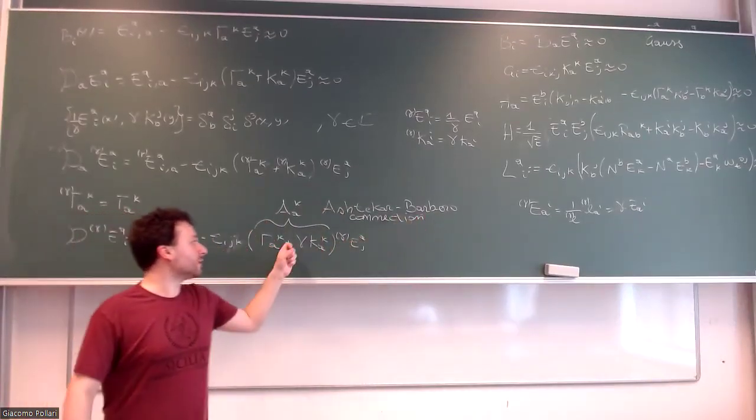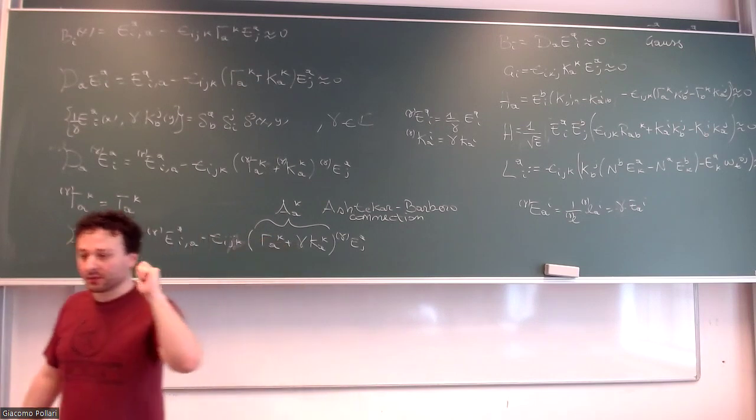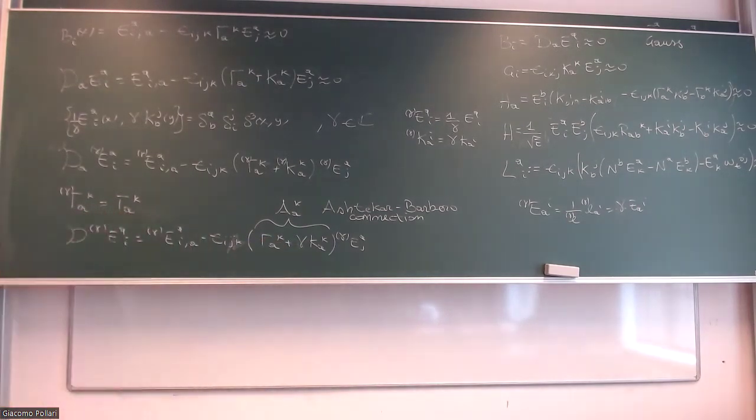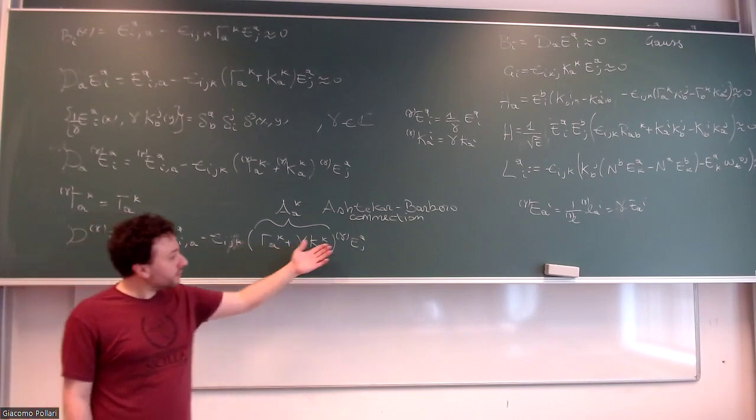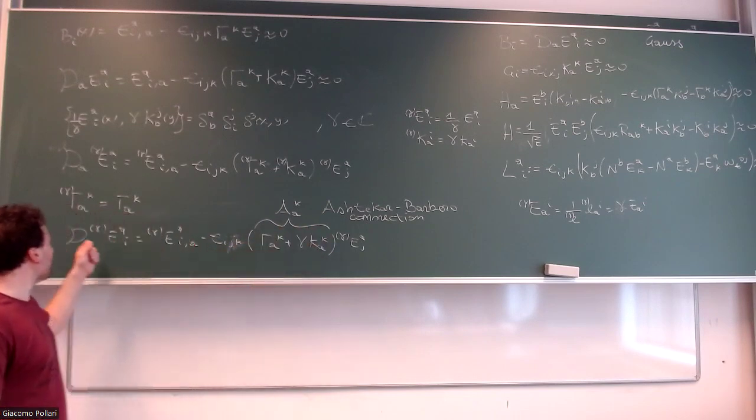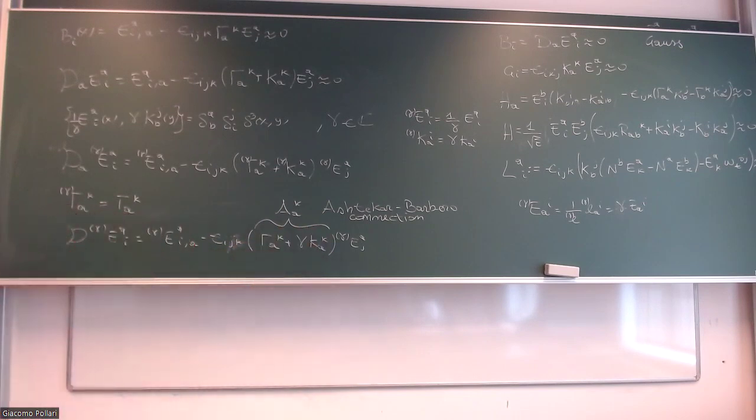Also called Barbero because now that gamma we take it to be real. So this is our new connection, the definition of a new metric compatible, torsionless covariant derivative.